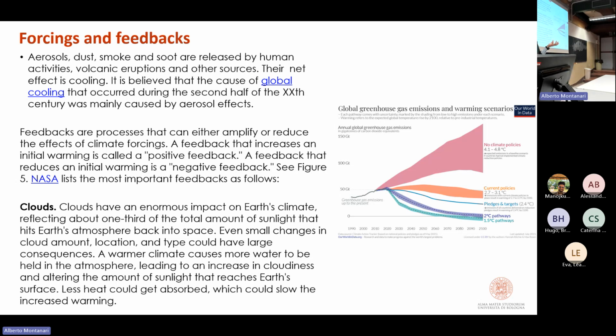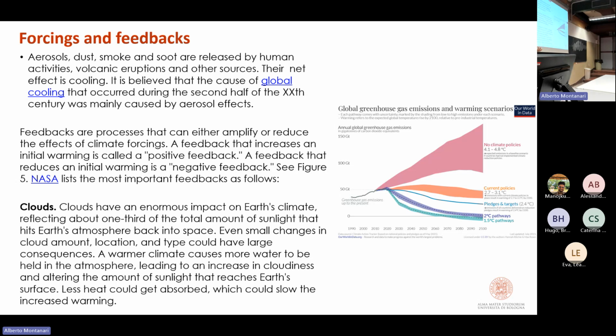So we try to understand the feedback of the climate system to increased CO2 concentration and increased temperature, and understand whether this may reinforce the perturbation or mitigate the perturbation. Here is an example, clouds. If you have an increased temperature, global warming, we should have increased evaporation.